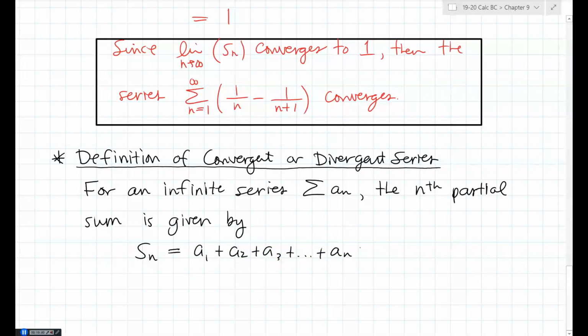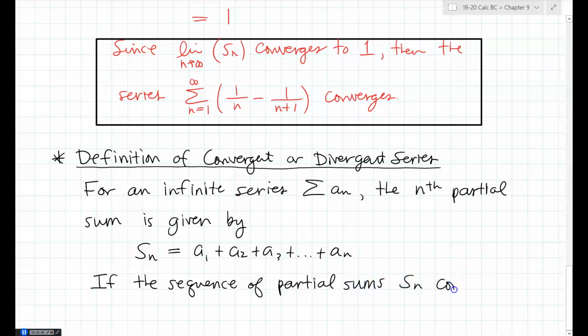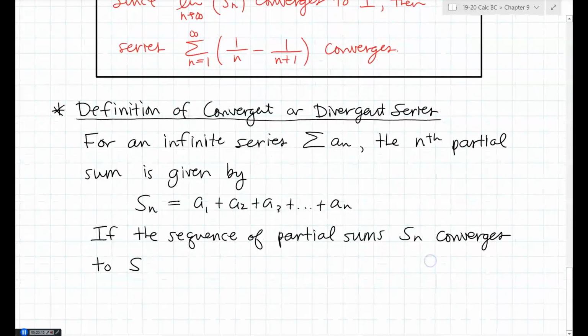So if you have an infinite series and the nth partial sum is given by s sub n, okay? If the sequence of partial sums s sub n converges to S. Now, when they say S, they just mean a number, okay?